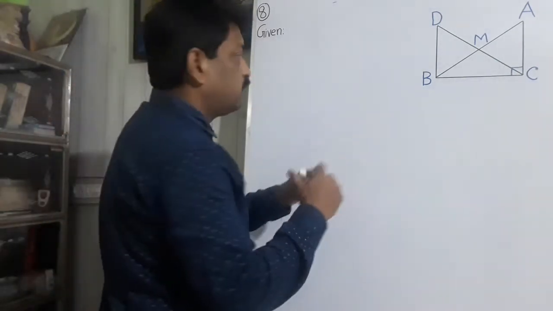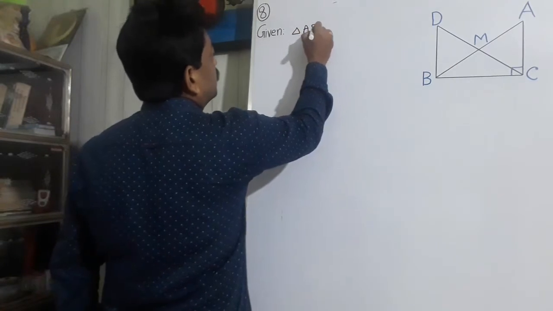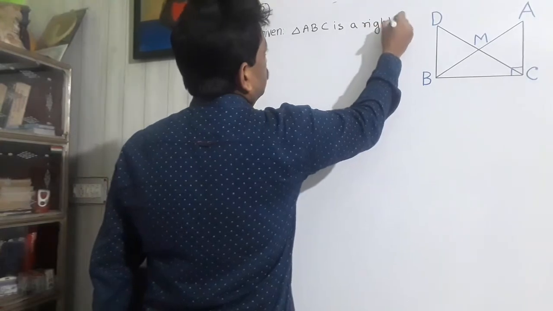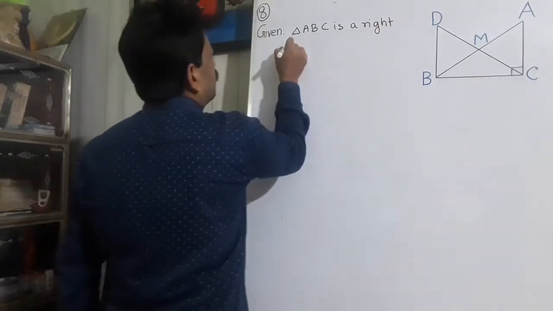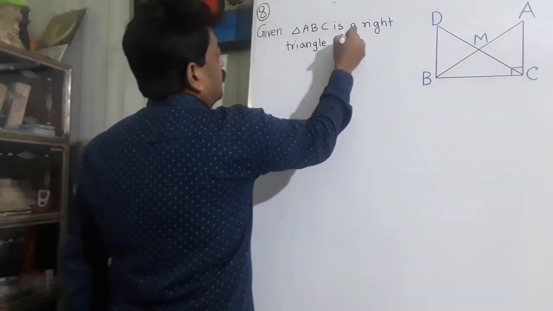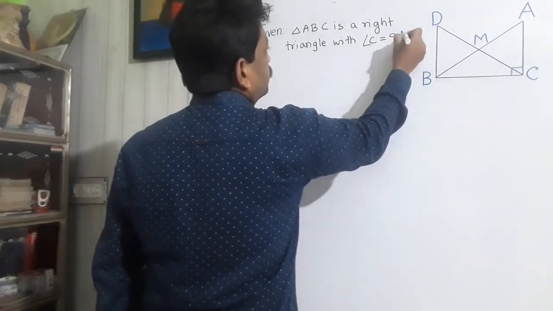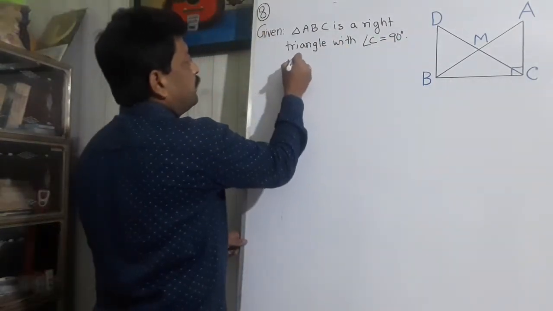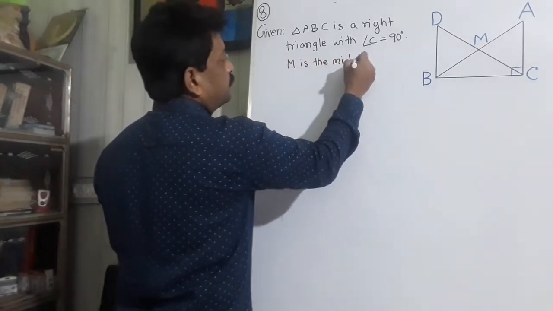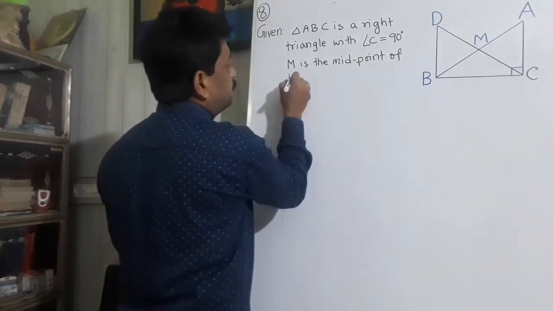This is actually a very big one. So triangle ABC is a right triangle with angle C equals 90 degrees. M is the midpoint of hypotenuse AB.